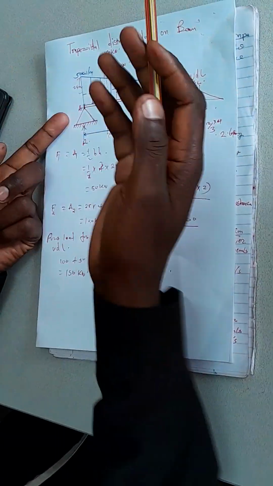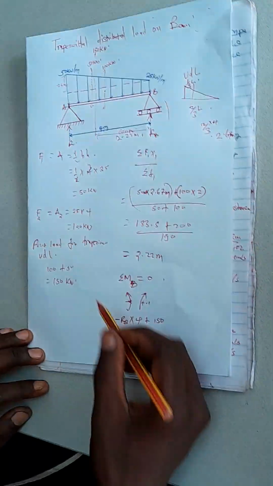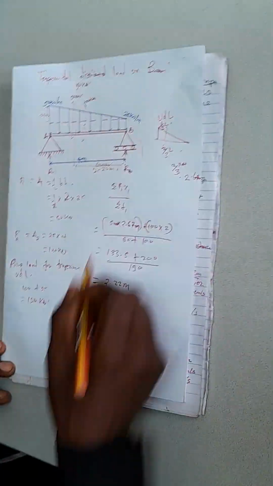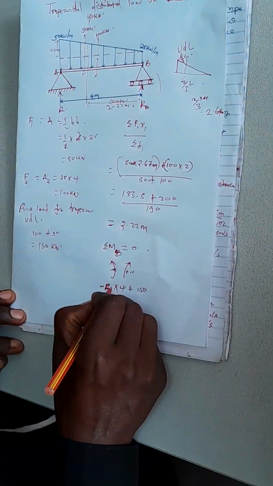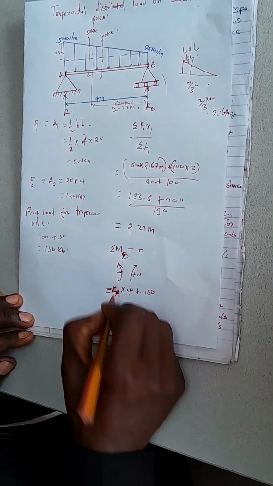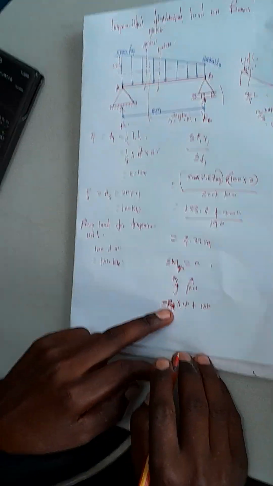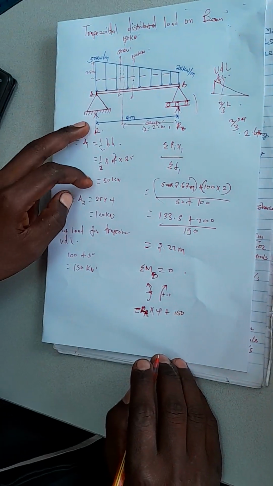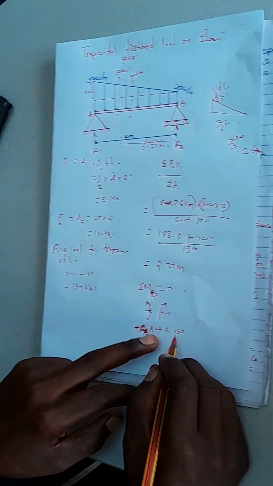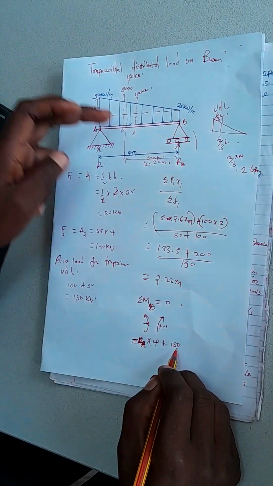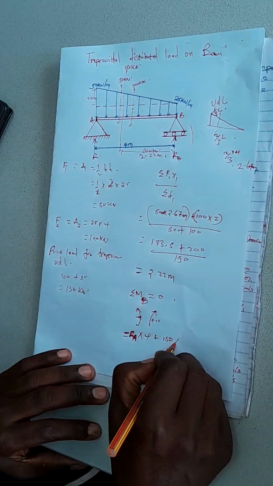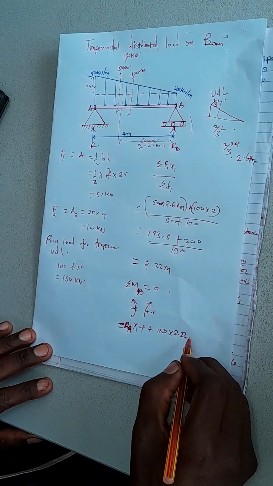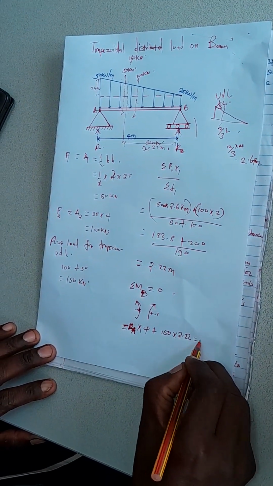We have not calculated a third from point A. So RA becomes clockwise. Are we together? RA becomes clockwise times 4, plus 150 times the centroid, 2.22, is equal to 0.